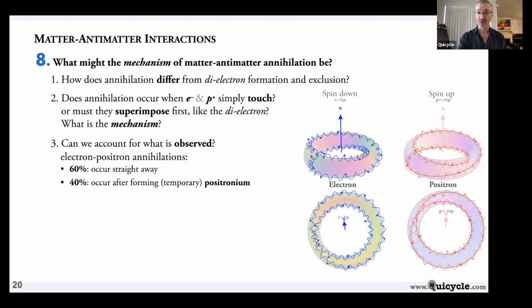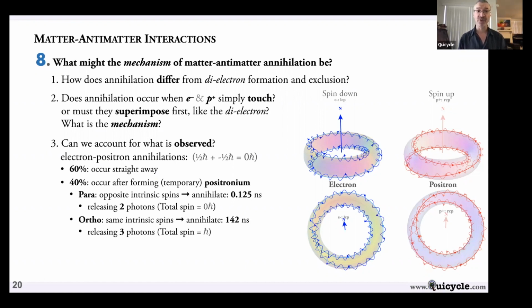Now we're going to look at that in a moment, but there are two kinds of positronium. There's para-positronium and ortho-positronium. In para-positronium, the electron and positron have opposite intrinsic spin, and in ortho, they have the same intrinsic spin. And we notice an interesting difference right away. The para-positronium, when they have opposite spins, they annihilate almost immediately at 0.125 nanoseconds. So that is a very short-lived temporary intermediate resonance.